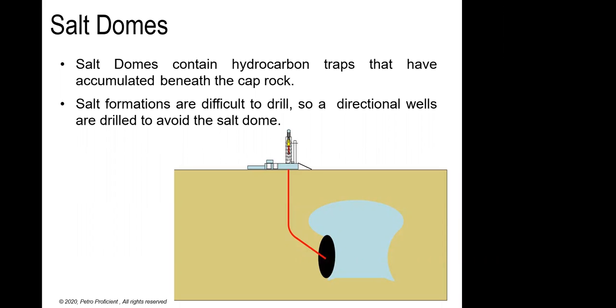As you can see in the image, instead of drilling vertically through the salt dome, in this situation it has been decided to drill from the side of the salt dome into the hydrocarbon reservoir. So essentially, every effort is made to avoid drilling through the salt dome. But there are cases where we have to drill through the salt dome and make sure that you reach the target. So you do drill through salt, but it is considered to be very challenging.